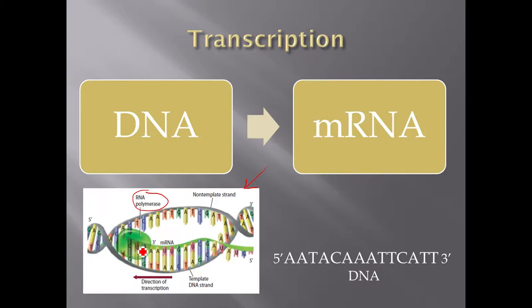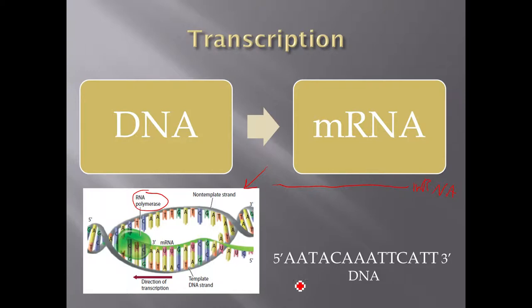That gives you one big strand of mRNA, and that mRNA is going to come into play in a little bit. So it basically uses the DNA and turns that DNA into mRNA.